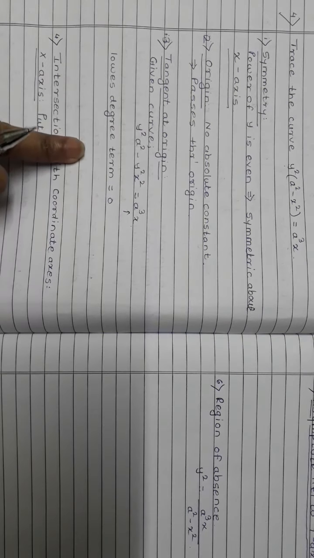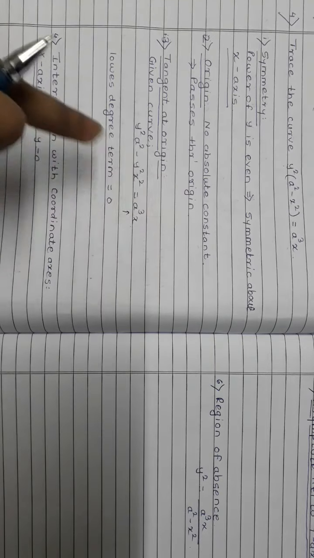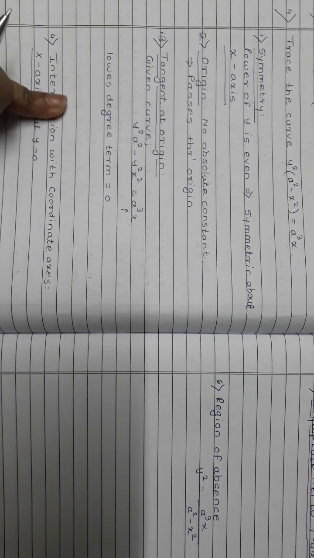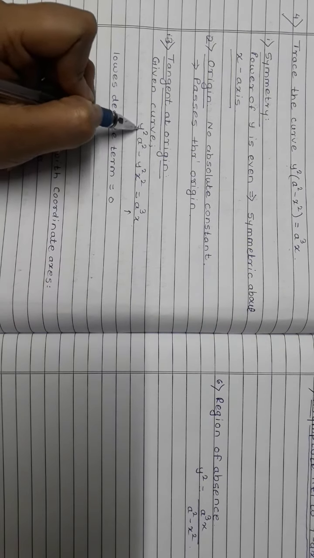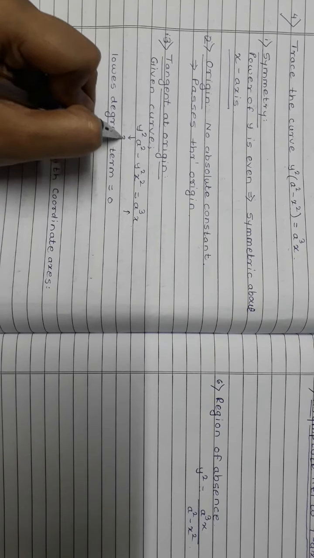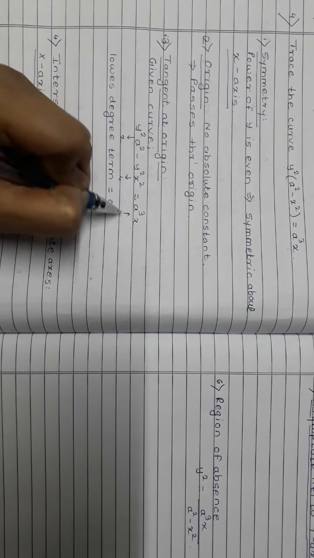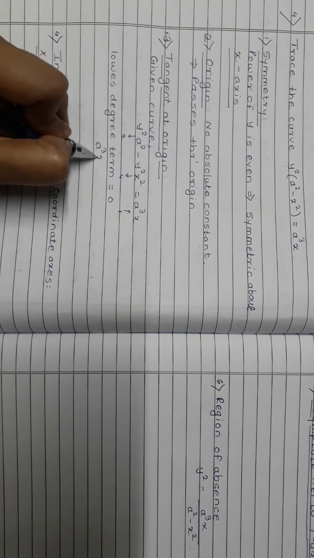Then the next thing, since I got the origin as one point on the curve, straight away find the tangent at the origin. To figure that out, this is my equation. You need the lowest degree term. Here the degree is 2, here the degree is 4, here the degree is 1. So the lowest degree term is a cubed into x. Put that equal to 0.